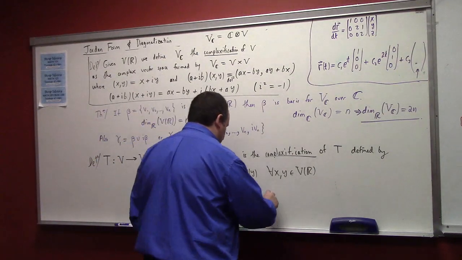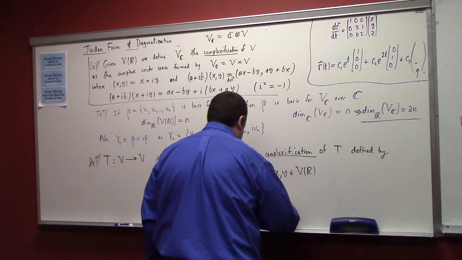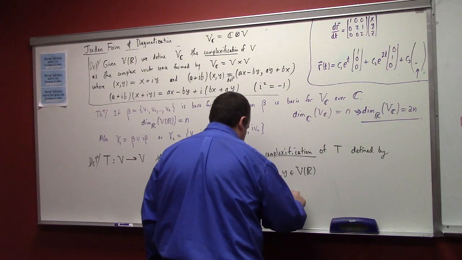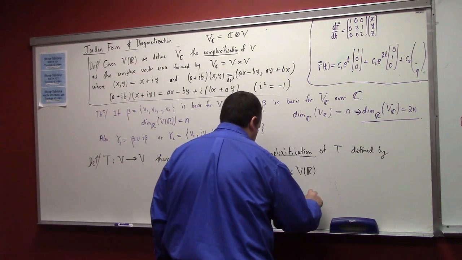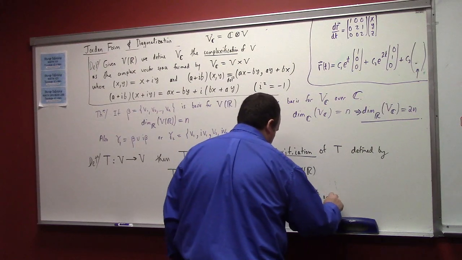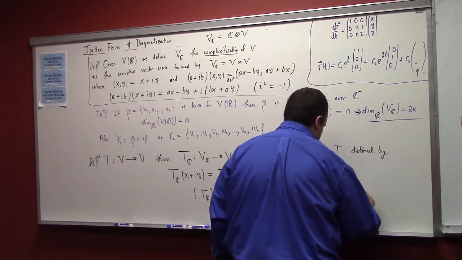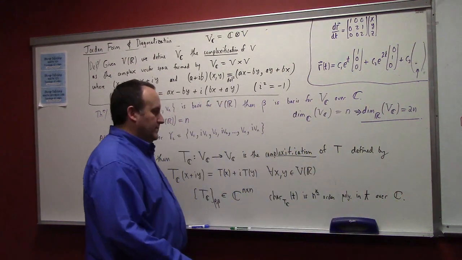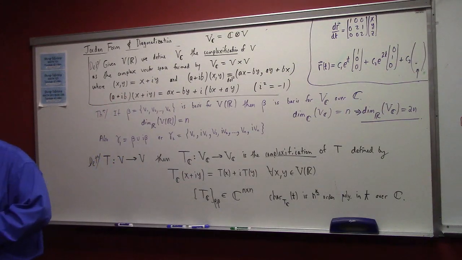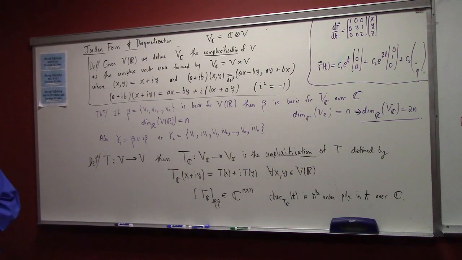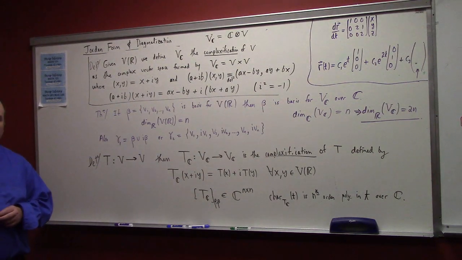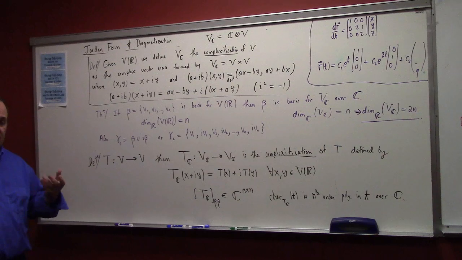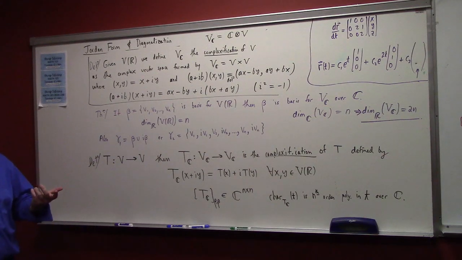And so the characteristic polynomial of the complexification is an nth order polynomial in T over C. Therefore, by the fundamental theorem of algebra, there exist n eigenvalues in C for the complexification, possibly repeated, possibly complex, of course.